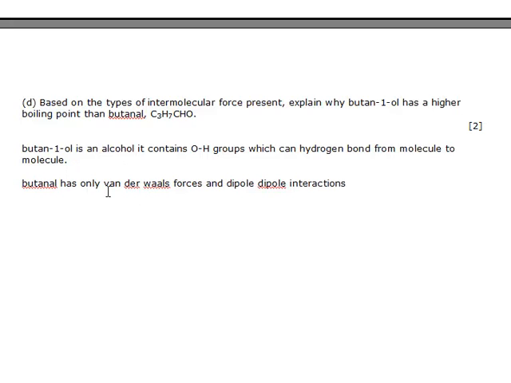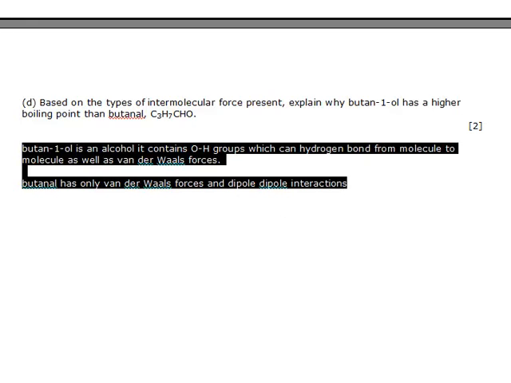Of course, butan-1-ol has van der Waals forces as well. Remember, everything's got van der Waals forces, but butan-1-ol has got hydrogen bonding as well. So we get our 2 marks for discussing those 2 issues. Next question.